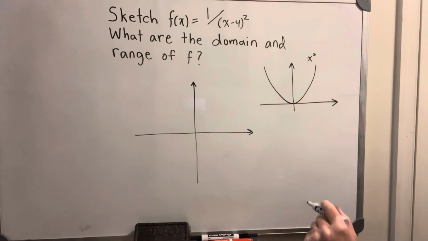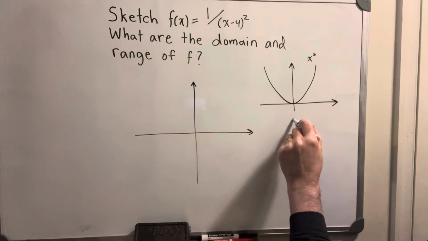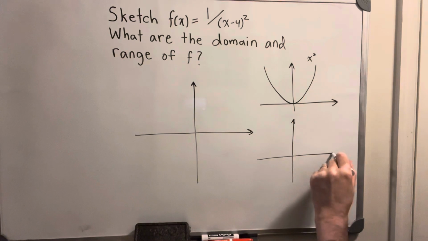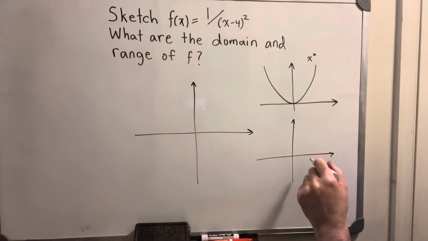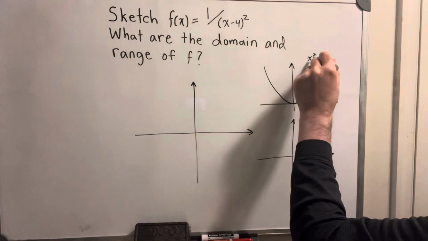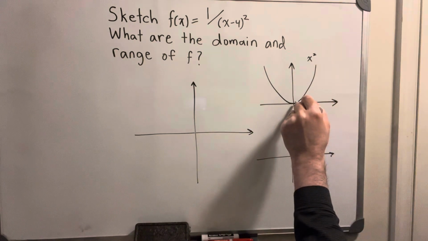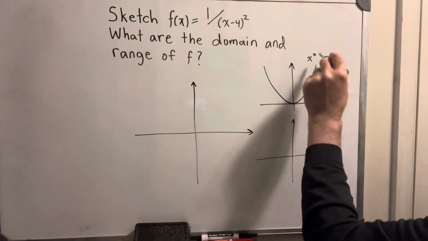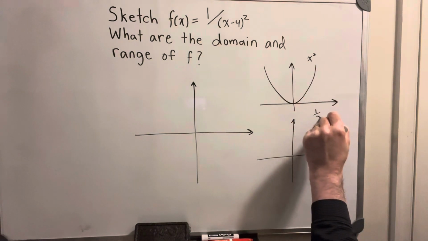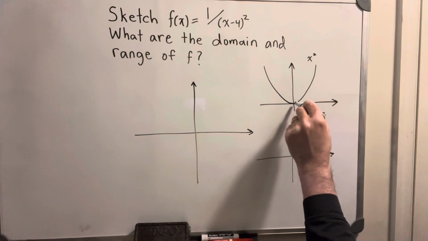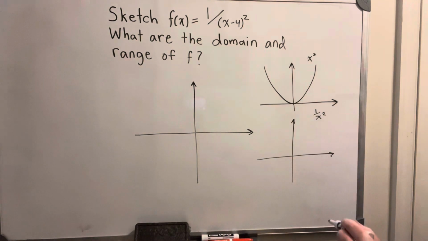And as I'm looking at the parabola, I would say, I know that in my target function, this squared part is in the denominator. So my strategy is looking at this function. If you took the reciprocal, if you took 1 divided by x squared, first of all, if x is 0, is this defined? No, division by 0 is undefined.